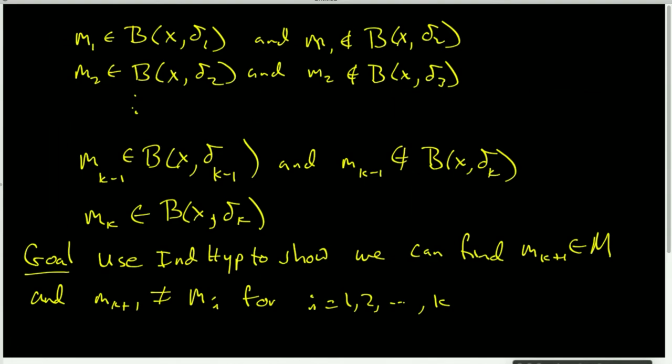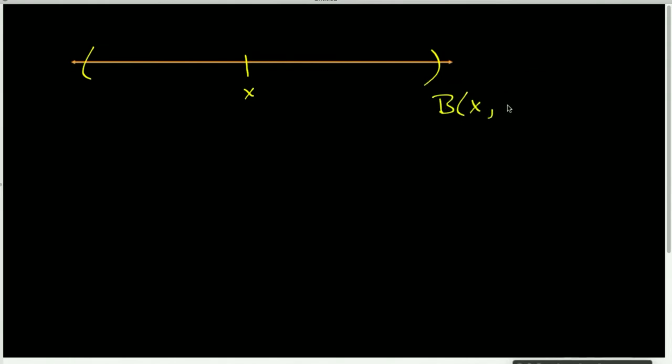Now, in order to do this, I'm going to draw the number line. So let's draw a number line. So here's our number line, and we know that x is somewhere. And we also have those last two delta balls. So here's the delta ball with radius delta_{k-1}, and what I know is M_{k-1} lives in there.